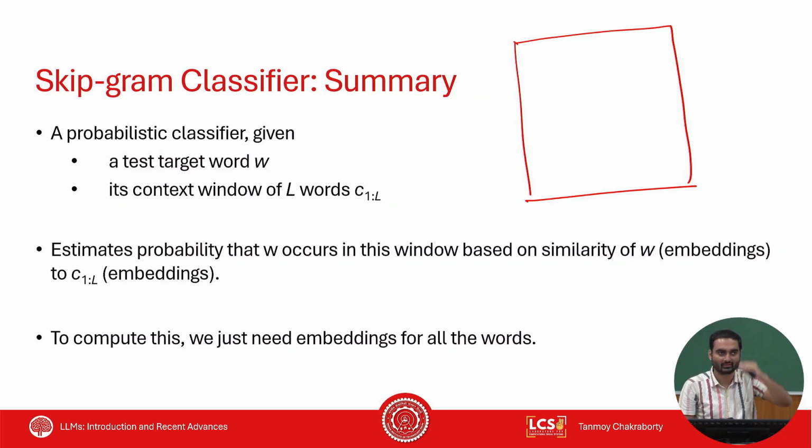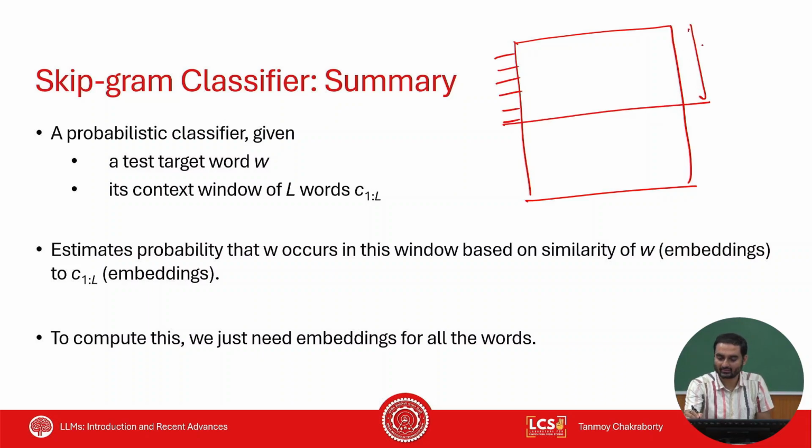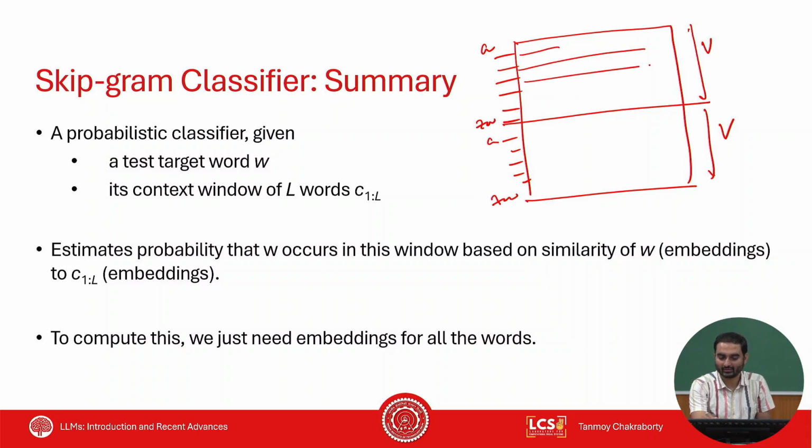We have V entries here and V entries here, from A to zoo. The upper part of the matrix represents the target embedding, and the lower part represents the context embedding.